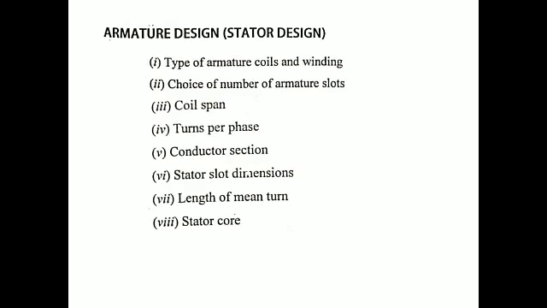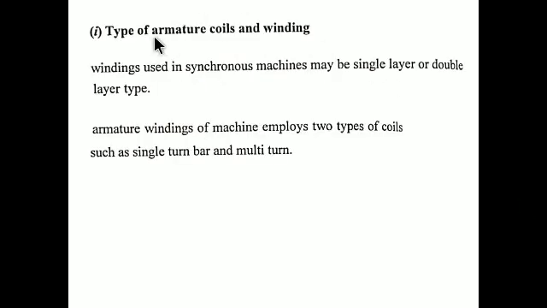The first title is the type of armature coil and winding. Here two things you need to consider: the different types of coils and windings you're going to use. In a synchronous machine, for the winding we use only two things: a single layer or a double layer type winding for constructing a stator.